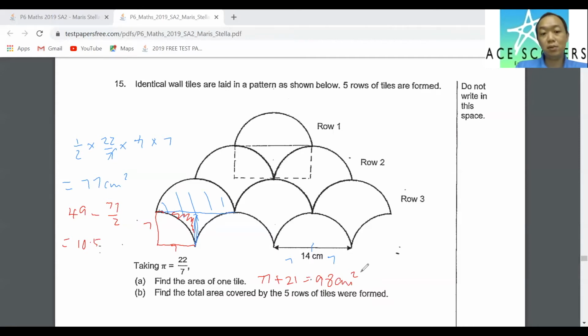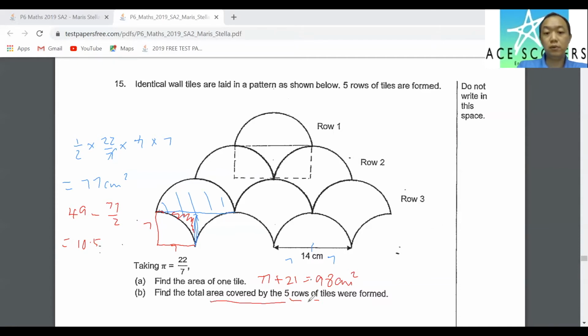Next, find the total area covered by the 5 rows of tiles. So row 1, 2, 3. One row has 1 tile, 2 rows, 2 tiles, 3 rows, 3 tiles. So the 5th row will have 5 tiles.